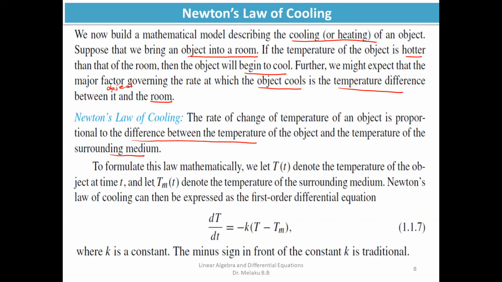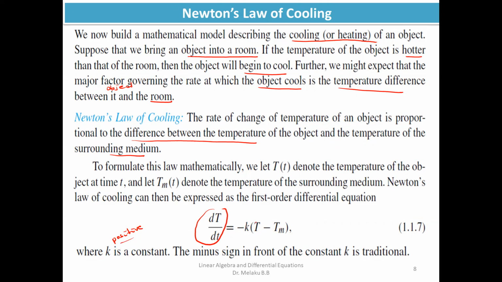That is, dT by dt equals minus k times (T minus Tm), where T is the temperature of the object with respect to time t. And this k must be a positive constant.